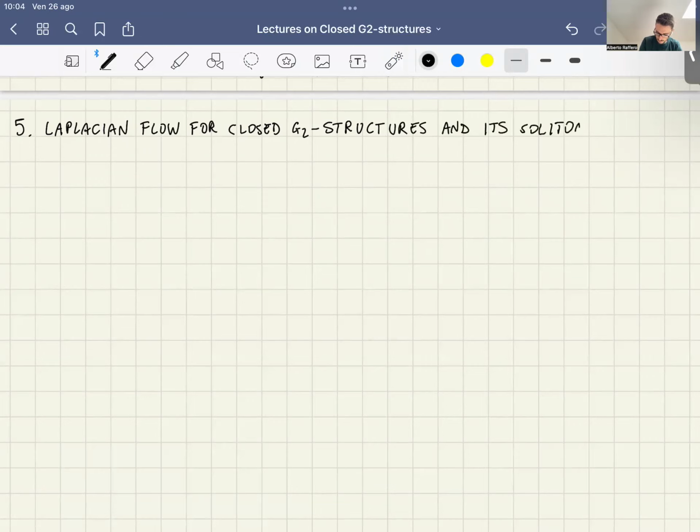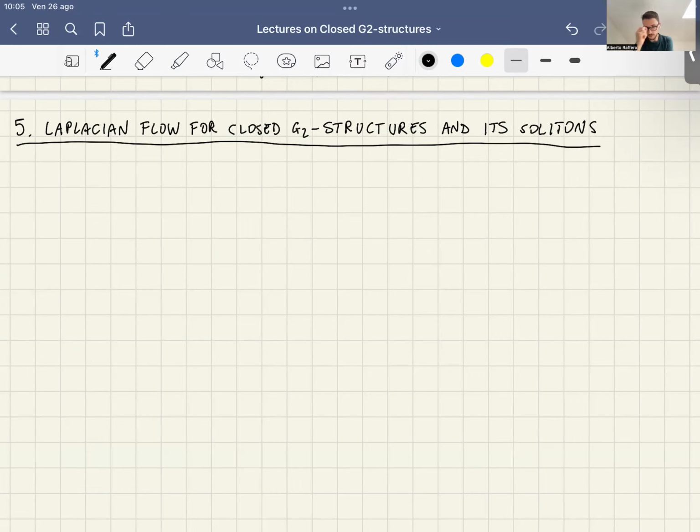So some special type of closed G2 structures giving rise to special solutions. And you will notice some similarities between all the discussion on solitons and maybe what you saw last week when you attended the lectures on Ricci solitons for the Ricci flow. So which is the idea here?